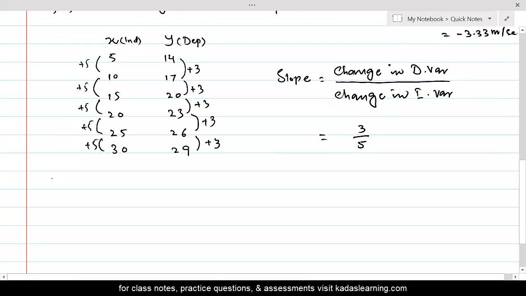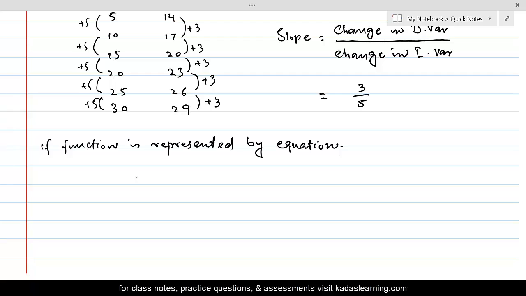And now the last case, if the function is represented by an equation, and we will consider the case here.